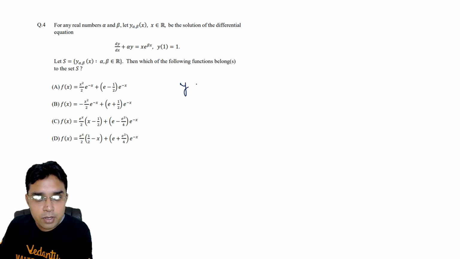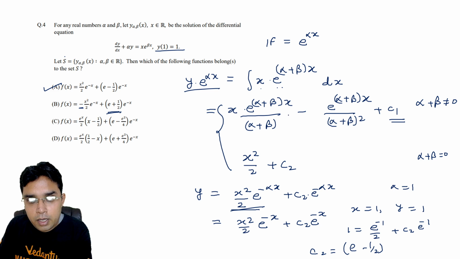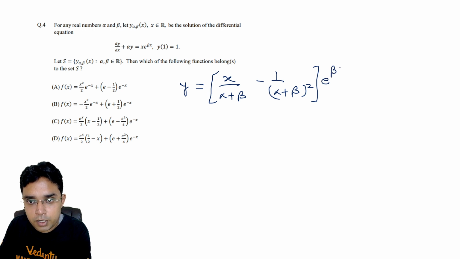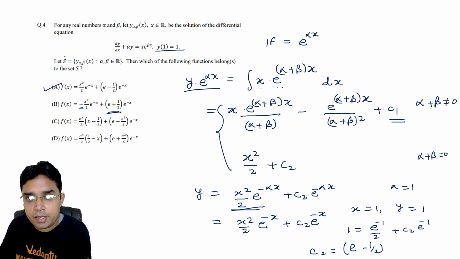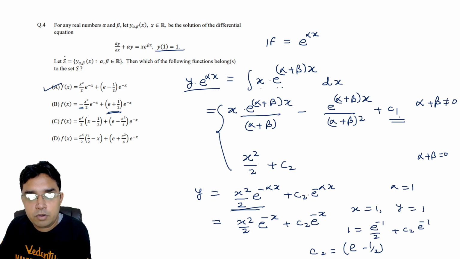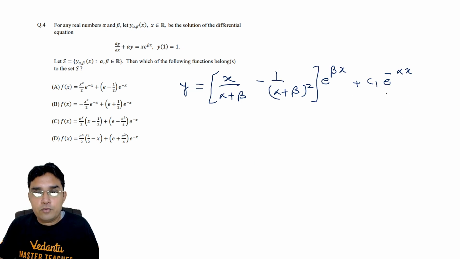So we will be getting y is equal to x upon (alpha plus beta) minus 1 upon (alpha plus beta) whole square, and here it will be e power beta x only, because alpha x will be cancelled, plus c1 into e power minus alpha x. And once again we need to find c1, alpha and beta.